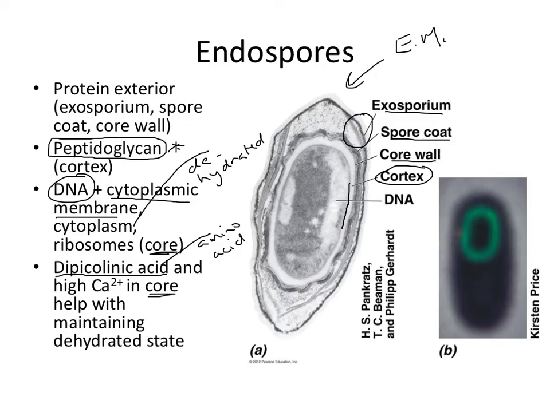And the core also has a very high level of calcium 2+ ion content, and both those chemicals help in maintaining a very dehydrated state. A dehydrated state ensures metabolic dormancy, because the chemistry of life requires water in order to occur.